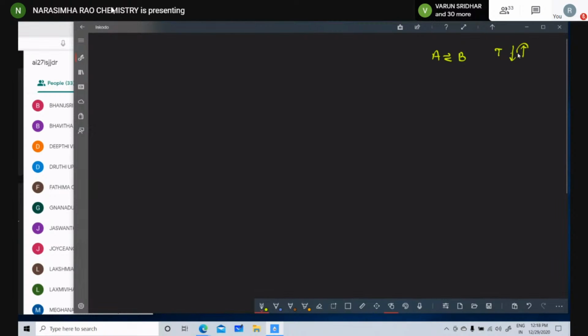So temperature should be increased means heat should be liberated. Heat liberated reactions are called exothermic reactions. Temperature decrease means low temperature. At low temperature, exothermic reactions are favorable.